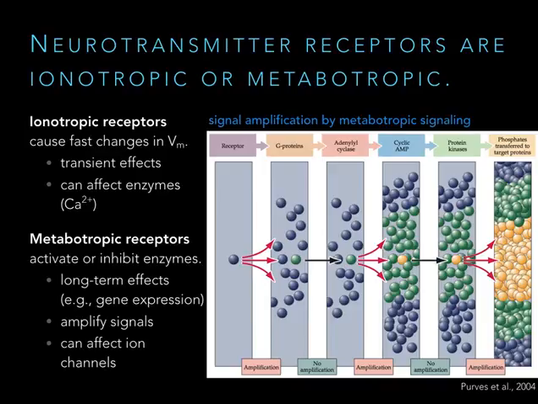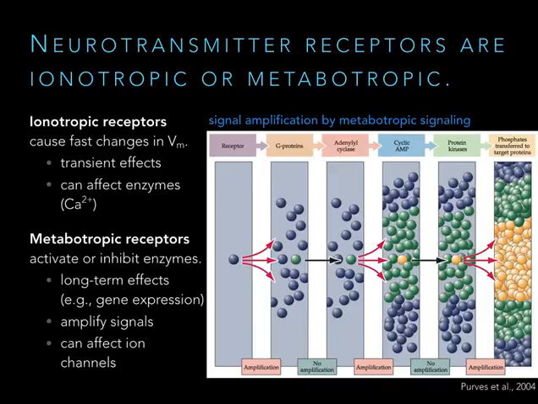Each cyclic AMP molecule will bind to protein kinases. For example, protein kinase A is activated by cyclic AMP, and then active protein kinase A can then go phosphorylate many targets. So you have another round of amplification. So a single receptor can lead to a change in the activity of many proteins because of this signal amplification.